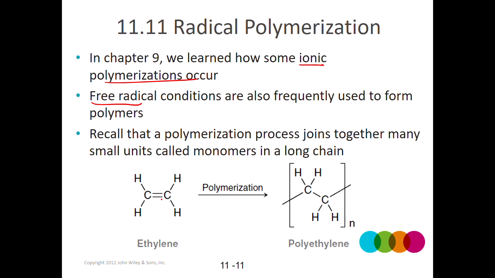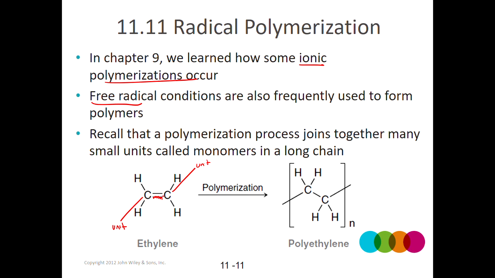Typically in an addition polymerization, a pi bond is broken and converted into a sigma bond. So this would be a sigma bond to the next unit of the chain. And when that pi bond is broken, another connection is made to the next unit of the chain.